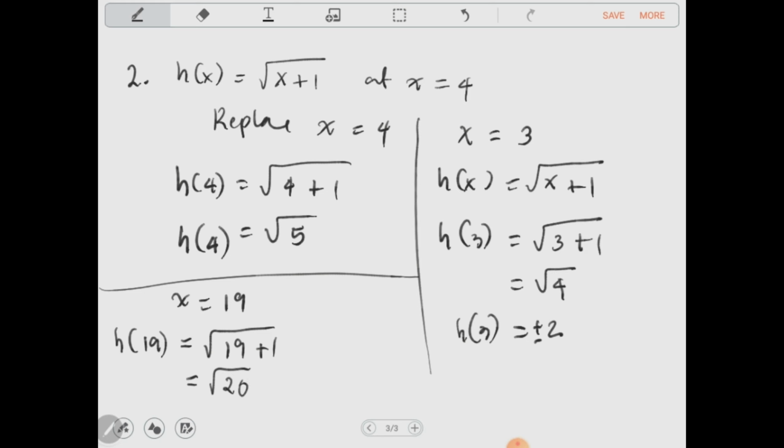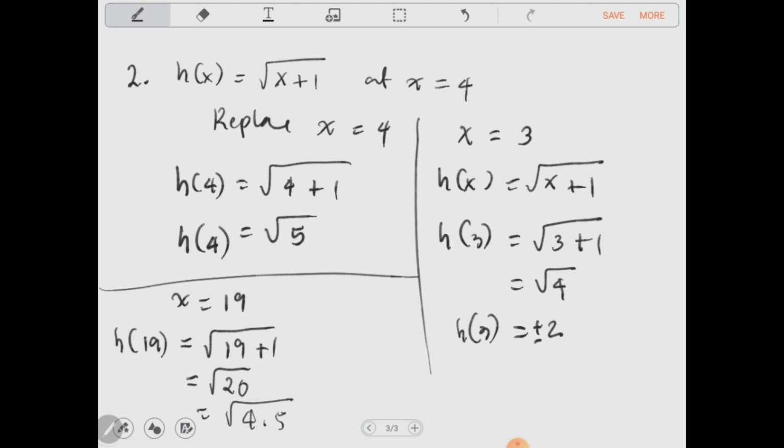So 20 is not a perfect square, but we can factor this as 4 times 5. Why 4 times 5? Because 4 is a perfect square. So you think of a number that has a factor of a perfect square so that we can simplify it. So the correct factor for this, we have square root of 4 times 5.